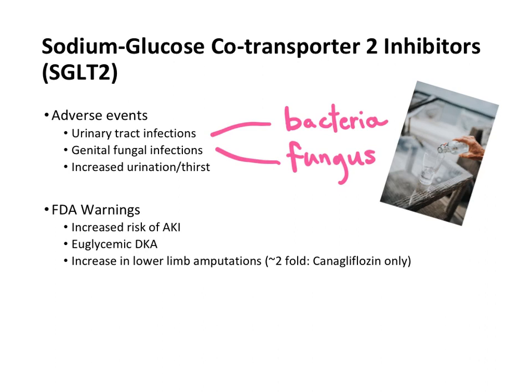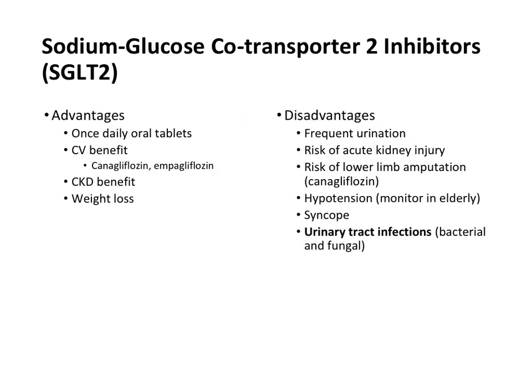The other thing that's really strange is for canagliflozin only, there's a 2-fold increase in lower limb amputations. I don't know how to advise you on how to avoid this. This is just something that showed up in the clinical trials. It is something the FDA warns people about, so definitely keep that in mind when you are prescribing canagliflozin. The SGLT2s offer some great advantages.